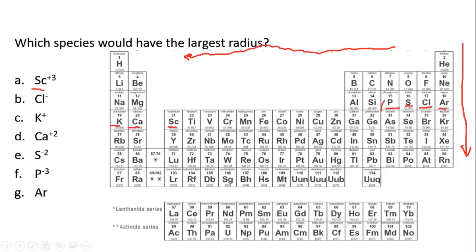So all of these species, what do they have in common? They have the same number of electrons. So which one of these has the greatest negative charge? It's phosphide. And so phosphide would be the one with the largest radius, because again, they're all isoelectronic. They have the same number of electrons, 18.